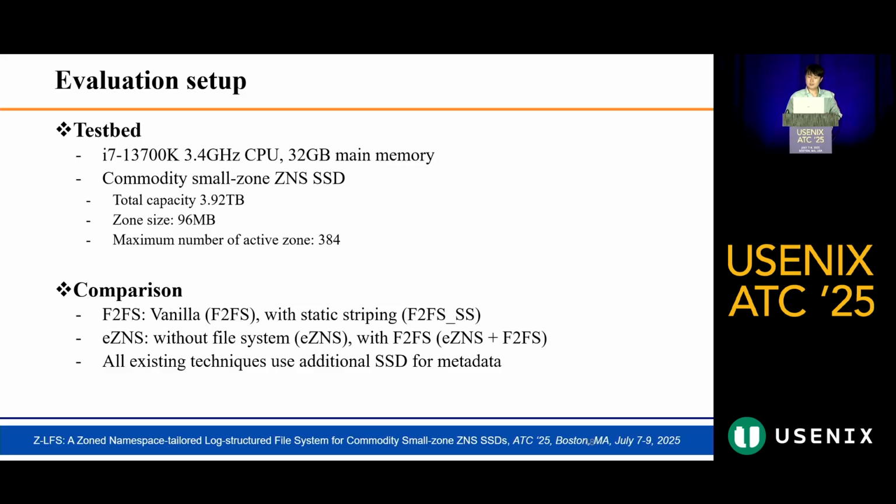We also evaluated eZNS, a state-of-the-art interface for commodity small zone ZNS SSD that aims to maximize active zone utilization. eZNS is tested with and without F2FS. Note that all techniques with F2FS employ an additional SSD to store LFS metadata.